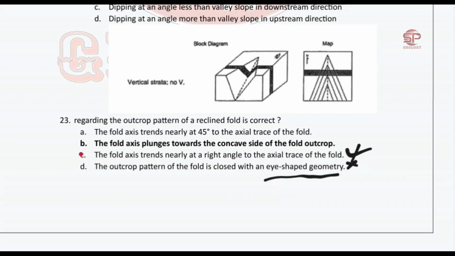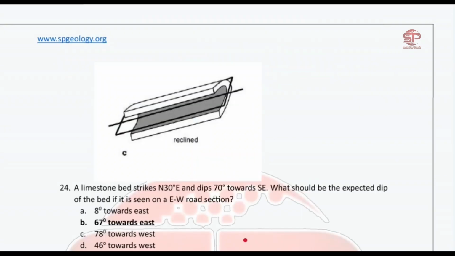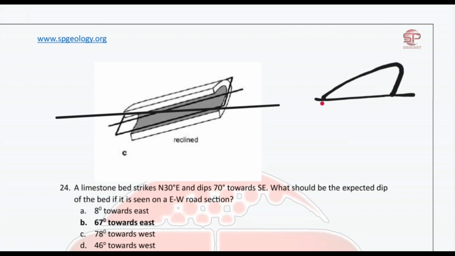So there is only one option left. The fold axis plunges towards the concave side of the fold outcrop. Suppose this is a reclined fold. If you take a horizontal section like this, it will produce an outcrop like this.